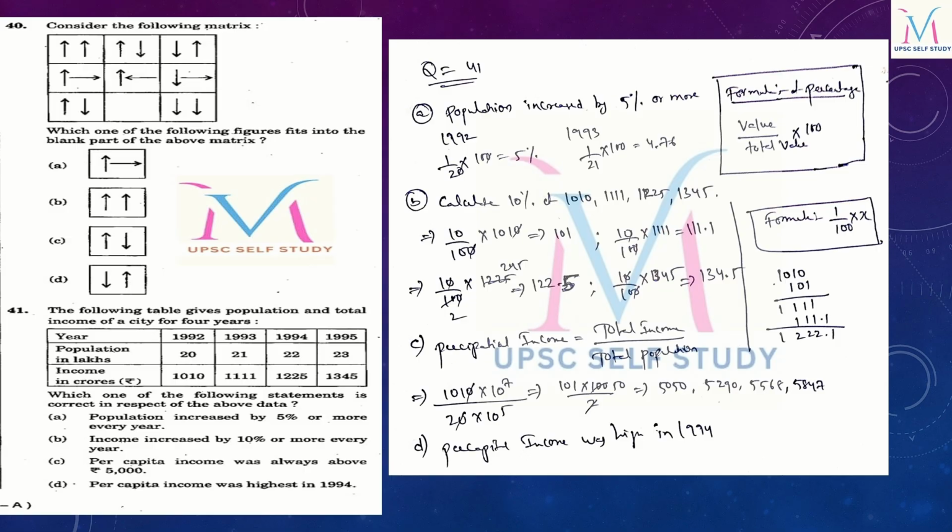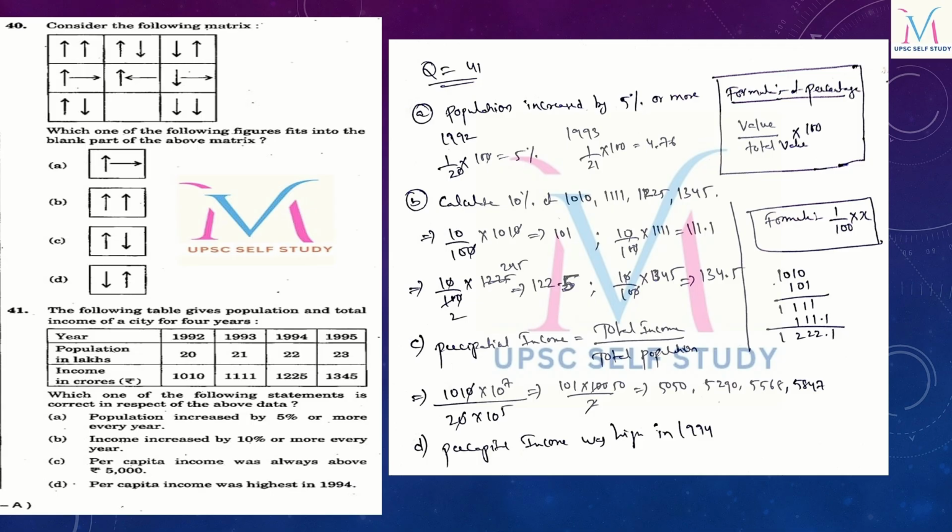See, for example, there is 1,000 rupees. For 1,000 rupees, 2% means how much? It is approximately 200, right? 1% means 100 rupees. For 1,000 rupees 5% means 500, 2% means 200, and 1% means 100.